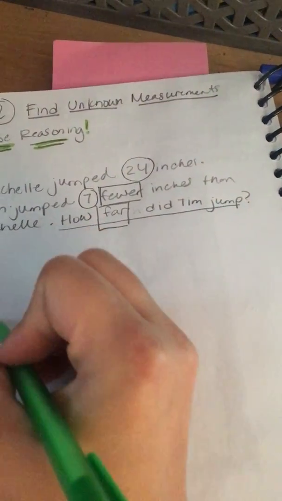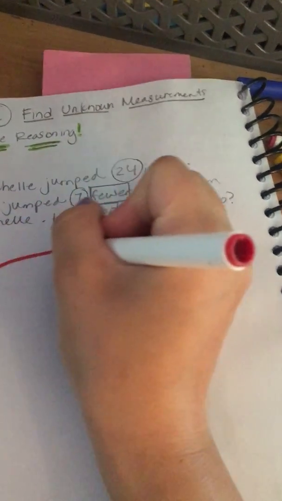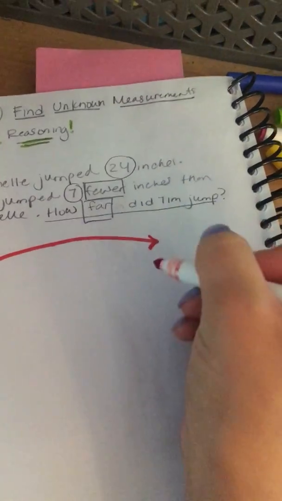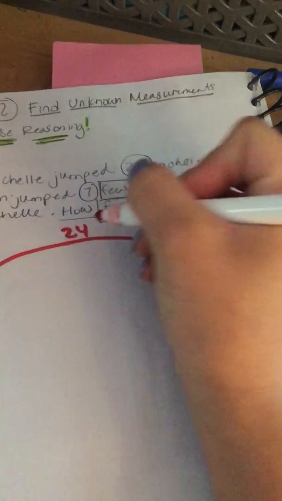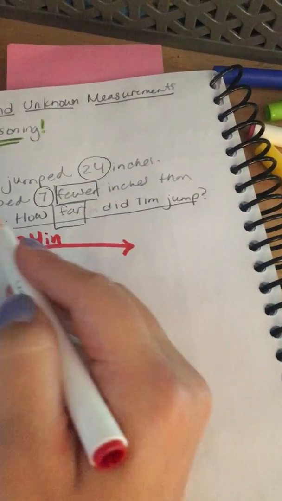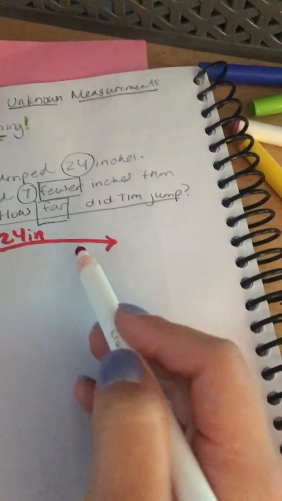So I know that Michelle jumped 24. So let's say here's the starting line. Okay, I'm going to draw my picture in red. So let's say here's my starting line, and Michelle jumped 24 inches. But then Tim jumped 7 fewer inches.